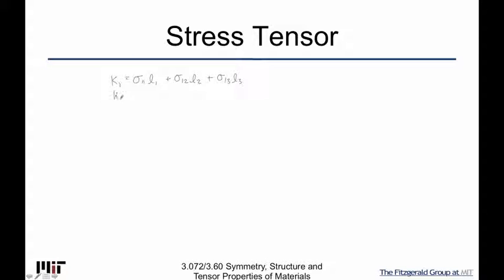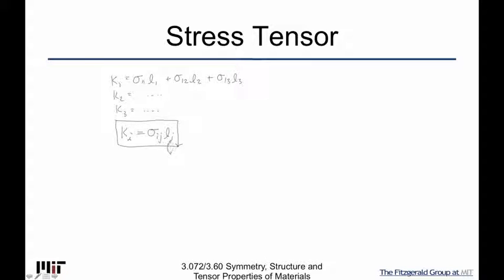And I'm going to have the same for K2 and K3. And of course, we now know that I can write this as Ki equals sigma ij Lj.